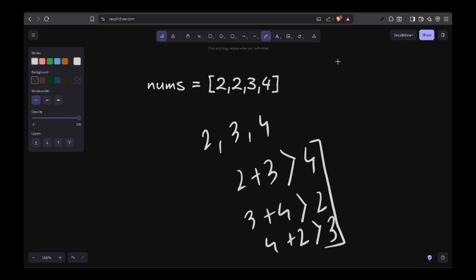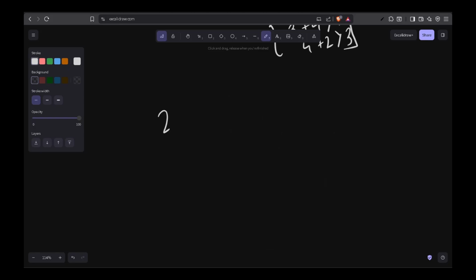In this case all these three checks are satisfied, and that's why a triangle made using these numbers as lengths of sides will be a valid triangle, right? Now this seems a bit too long of a check, checking all the three conditions. So what we can actually do is use 2 plus 3.